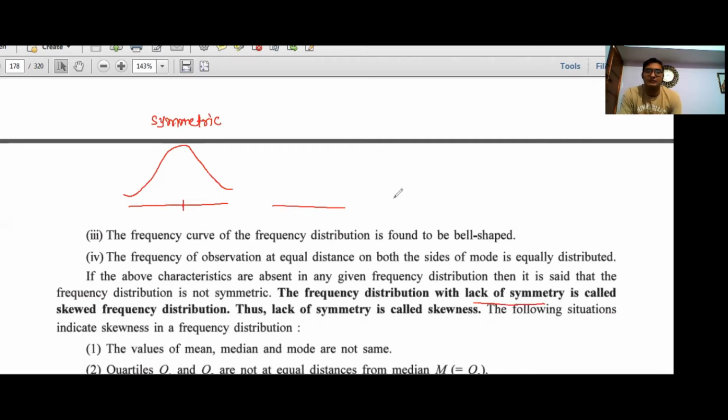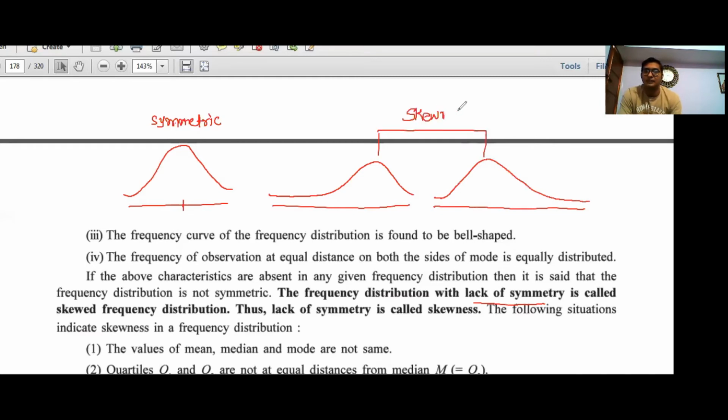Like if it is completely down to the left, or down to the right, like this. So here are the examples of skewness. Means all the observations are not evenly distributed, that is called lack of symmetry, and the lack of symmetry we call skewness. Simple.